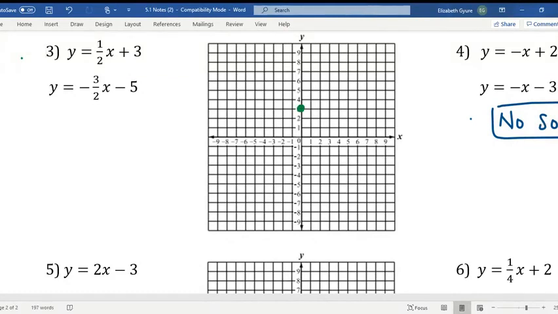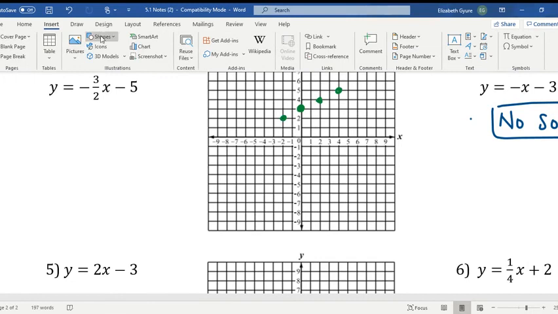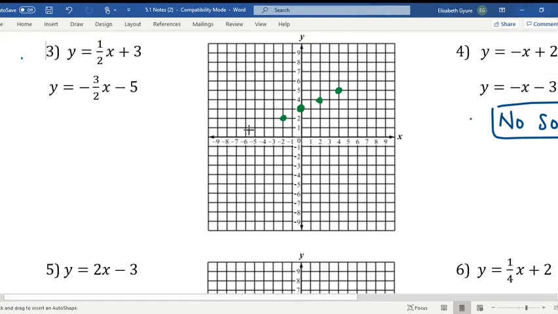And Bailey, how do you think you count out a slope of 1/2? How many would I go up and how many would I go over? Very good. Yes, you go up 1/2. Or if you needed to do the opposite, go down 1, left 2. So there's your first line. Good.